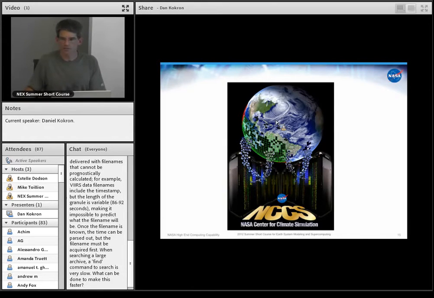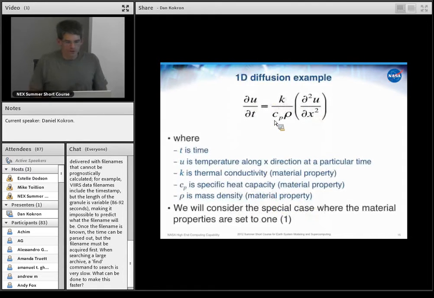In this equation, and I'm not going to go through the derivation, you can look online, Wikipedia has a nice write-up on this, t is the time, u is the temperature along the x direction at a particular time, and we're only using 1D, one spatial dimension. K, C sub P, and density are material properties, which we're going to consider to be all equal to 1, just to make it simpler.